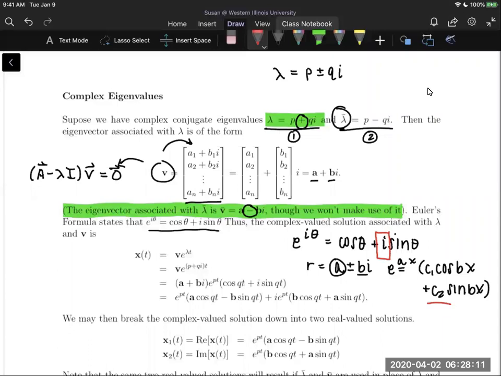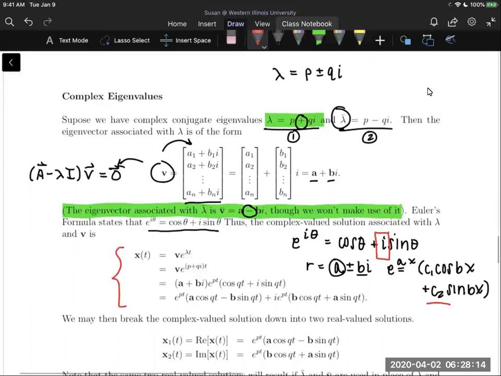So how does this relate to what we're talking about here with the eigenvalues and eigenvectors? Our solution is set up exactly the same as what we just noted in the last example. We want to take our eigenvector times e to the eigenvalue t. Now remember that our eigenvalue was complex, so I'm going to replace that eigenvalue with that complex expression.